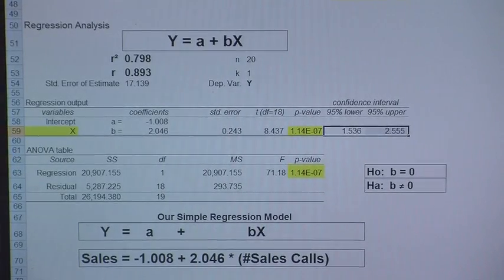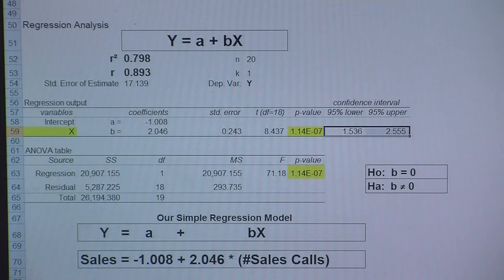We covered this in our previous mini lecture, and if you will recall, we were able to extract our point estimates for both A and B from the highlighted portion of our simple regression output.